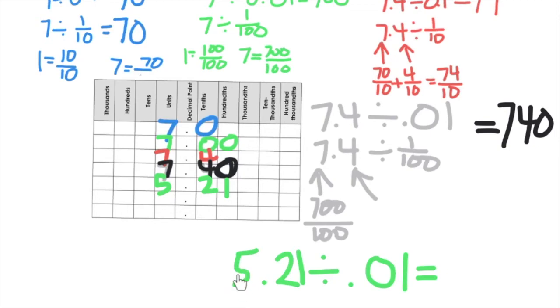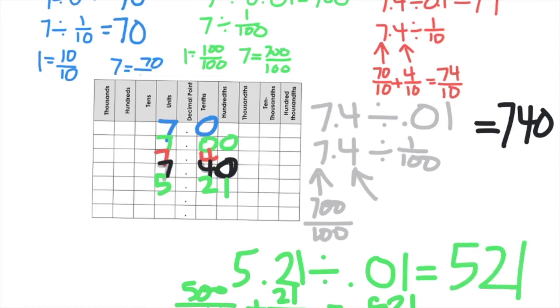In 5 wholes, I have 500 100ths. In 21 hundredths, you can hear me say it, it's 21 hundredths. 500 100ths plus 21 100ths equals 521 hundredths. So my answer should be 521. On my place value chart, if I ignore the decimal, I can say 521 hundredths. So in 5 and 21 hundredths, how many hundredths are there? 521. So that is it for today.